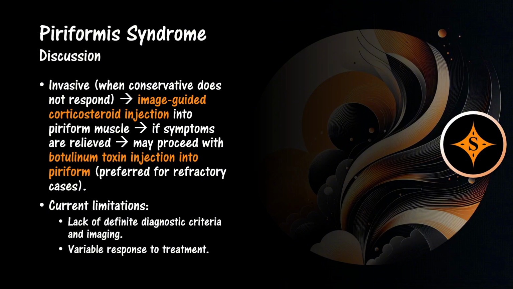And the current limitations that we have about piriformis syndrome are that we lack, again, optimum definite diagnostic criteria, and that there is significant variability of response to treatment between one person and the other. This points to a possibility that there may be significant differences in how this condition manifests from one person to the other. Therefore, there is still a lot of room for improving personalized treatment for each patient.